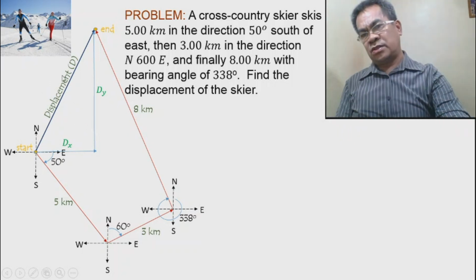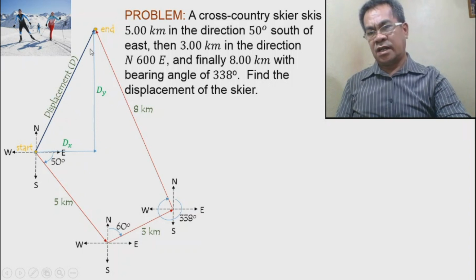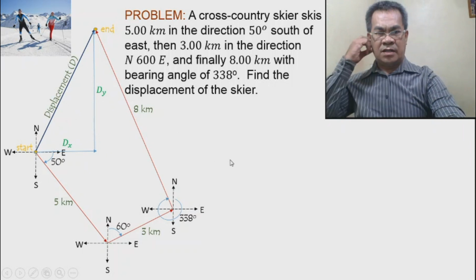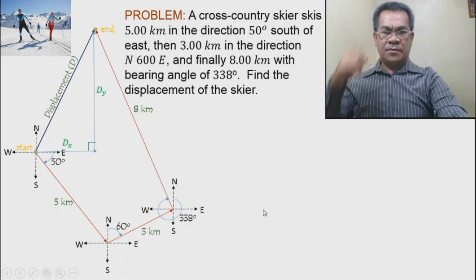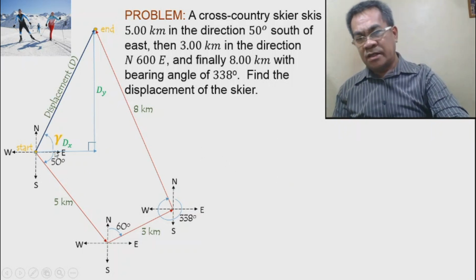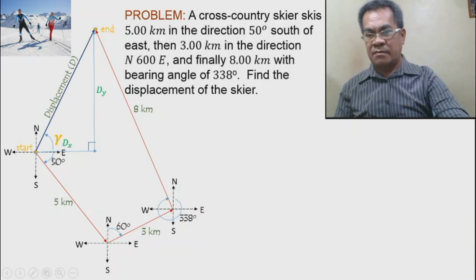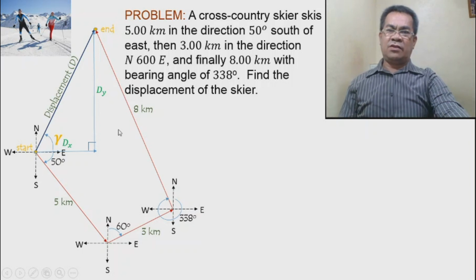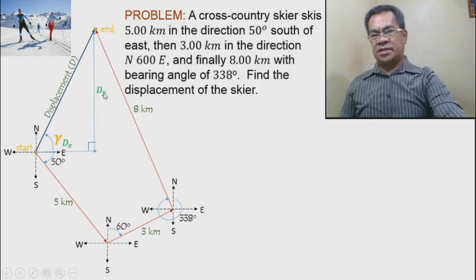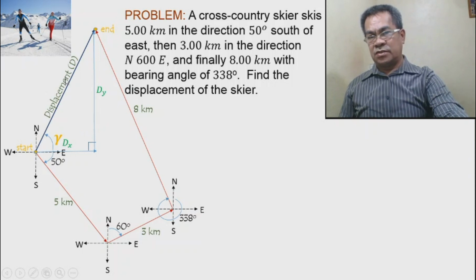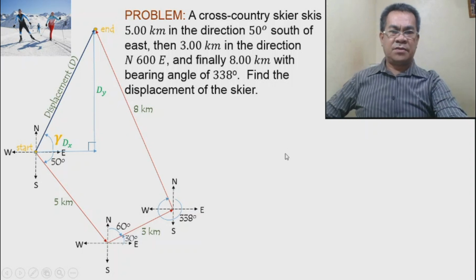So in order to solve this one, take note, this is a right triangle, you have to provide the dx and dy. By the way, the angle must be calculated also as gamma from this axis. So all you need to do is to solve first the x component, because if we have the x and y component, then the magnitude of displacement and direction can be calculated.